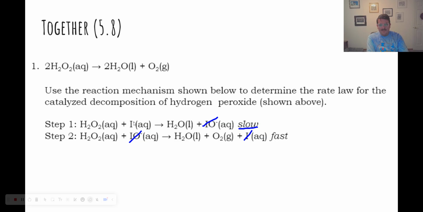And so it still has to show up in the overall rate law. Okay. So the rate law is going to be rate equals K times molarity of H2O2 times molarity of I minus. So catalysts can show up in the rate law even though they don't show up in the overall reaction. All right, so we've seen that.